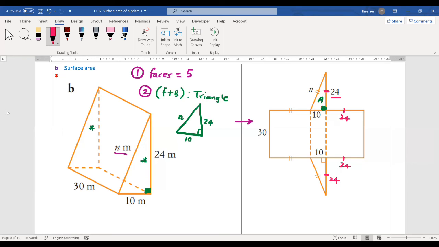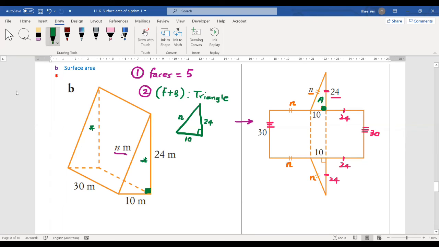Now let's have a look at this one, which is 30, and therefore this one is also 30. The last one is n, and this is n, that's n, that's n.